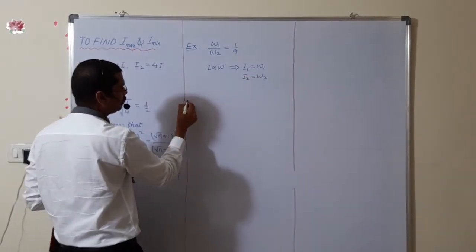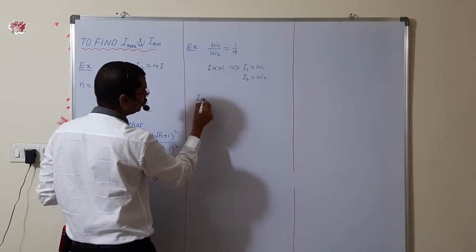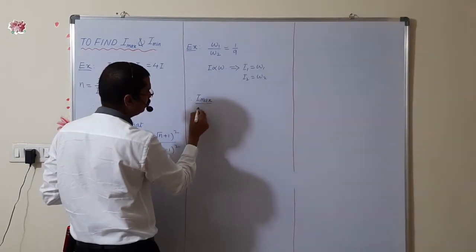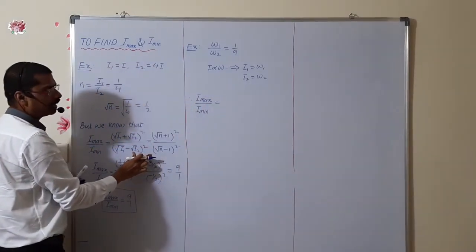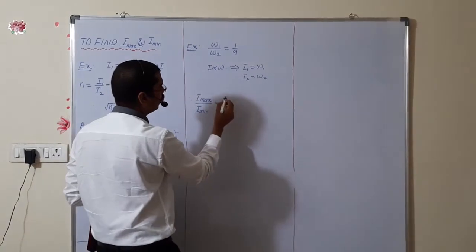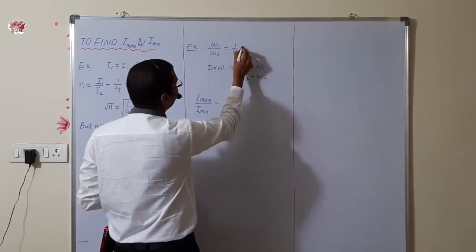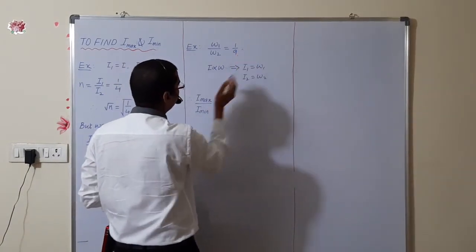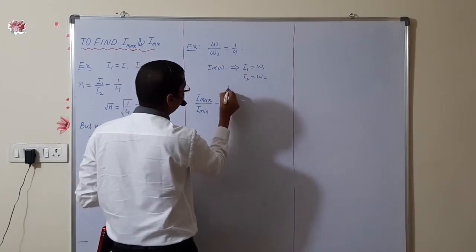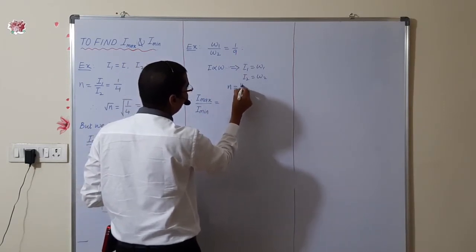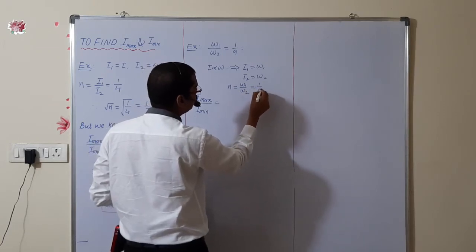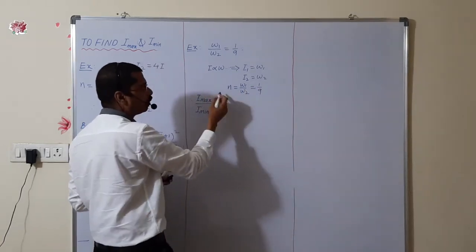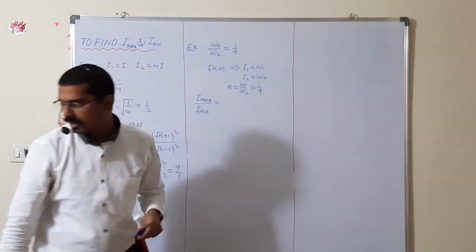To find the maximum and minimum intensity, again we can write the formula. I am writing n is equal to omega 1 upon omega 2. This value is 1 by 9. If you take the root also we can write, otherwise directly also.